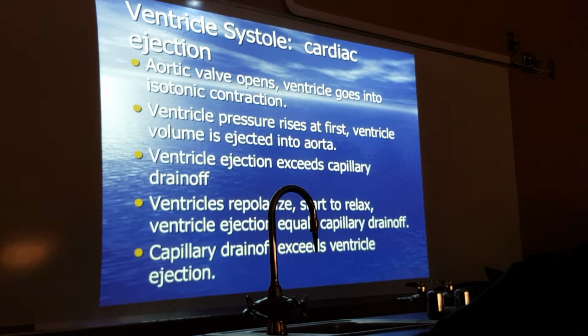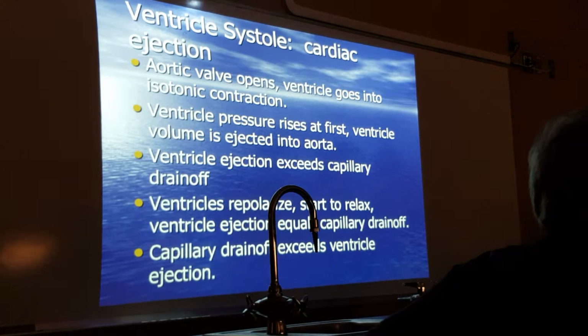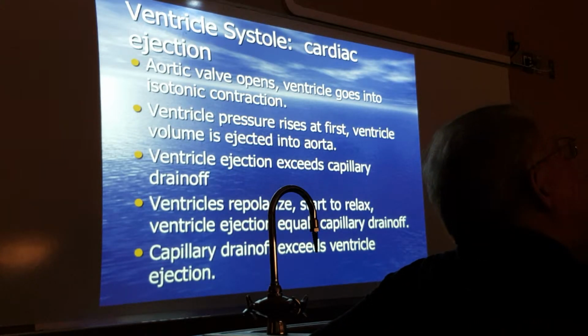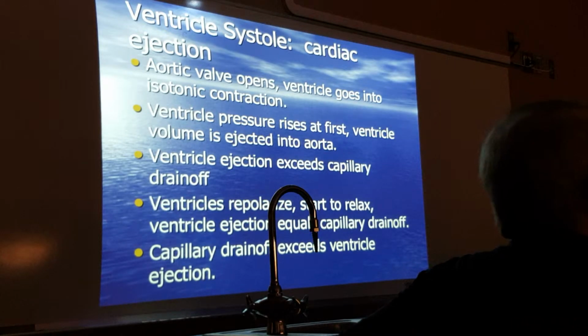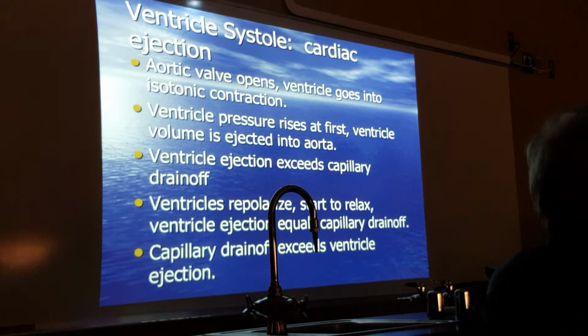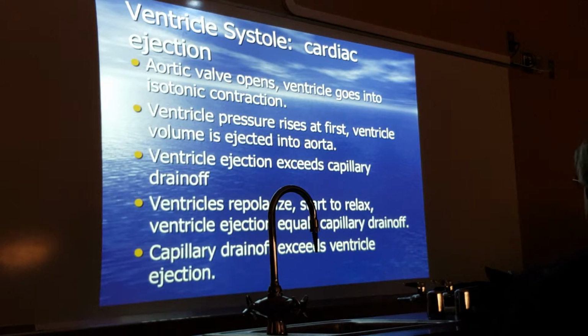Is the entire contents of the ventricle ejected into the aorta? Remember, we said that the maximum cardiac ejection fraction that you ever get is about 85%. It's impossible for the ventricles to completely squeeze it all out.